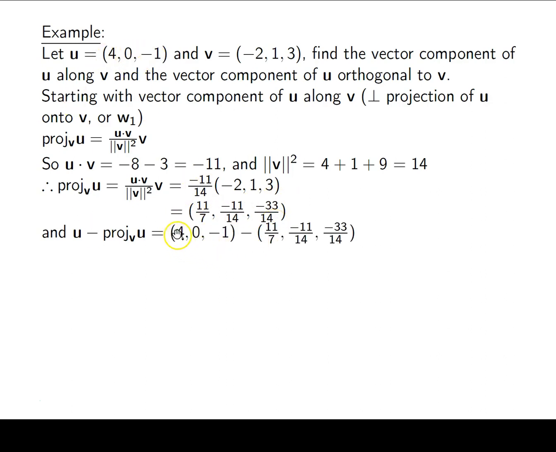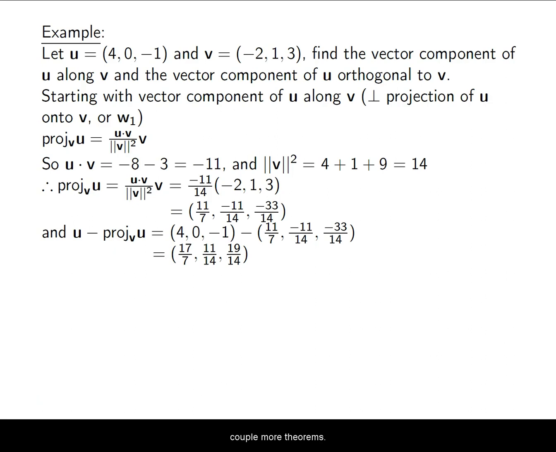Okay. Make some common denominators and get everything together. And you have 17 over 7, 11/14, 19/14. So this is my W1. This is my W2. Okay. So that is my component. So if I were to add these together, they would add back to my U vector. All right. So that was our first example.